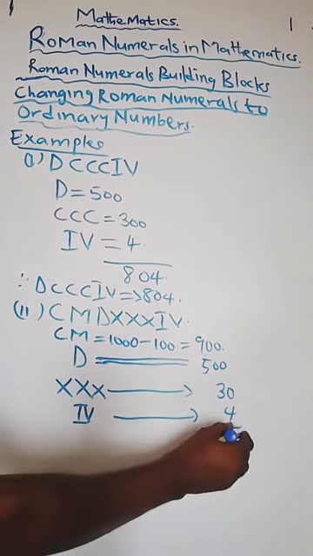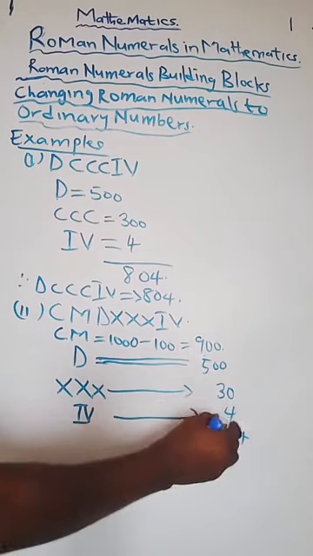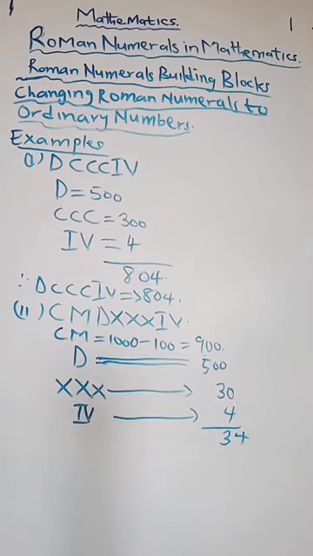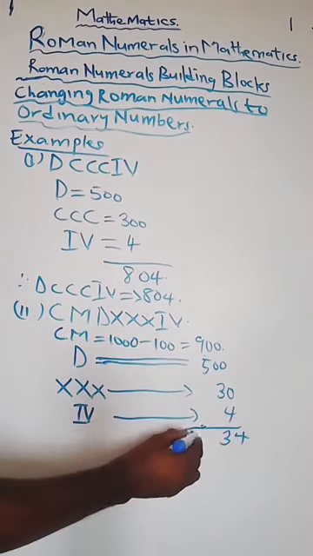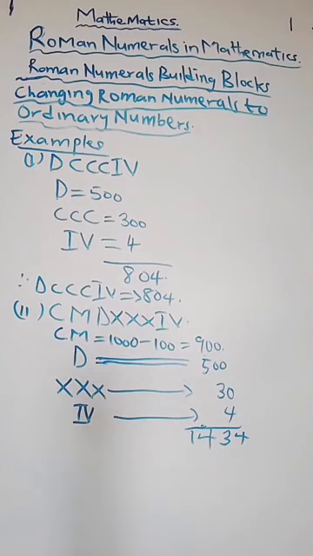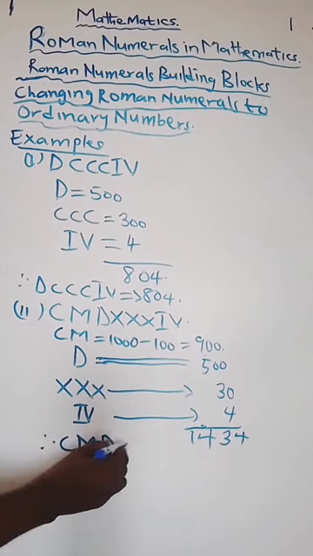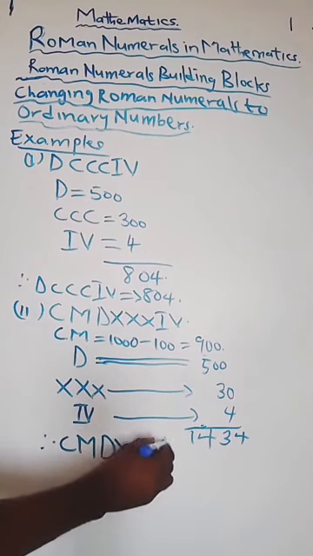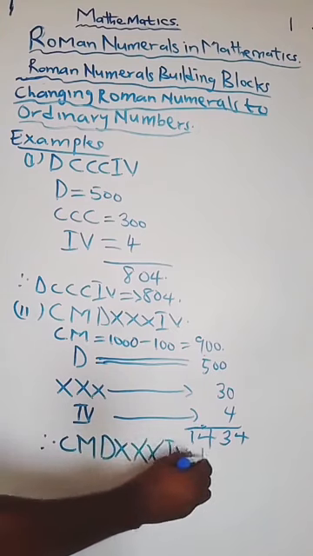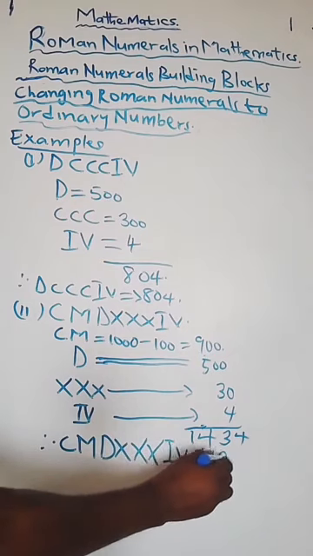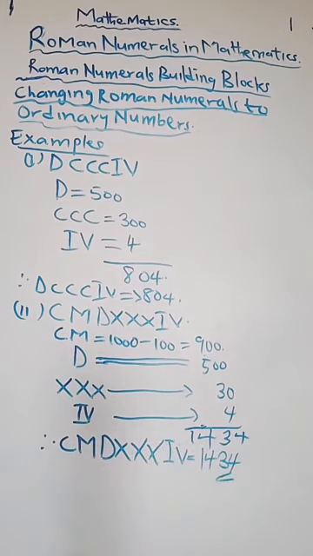This is 4. This is 30. 900 plus 500 is 1400, plus 34. So what we have is 1434. Therefore, C, M, D, X, X, X, I, V is 1434.